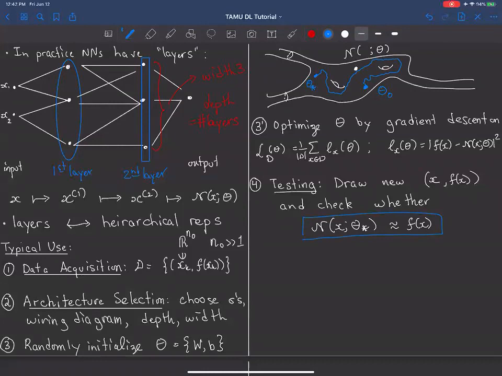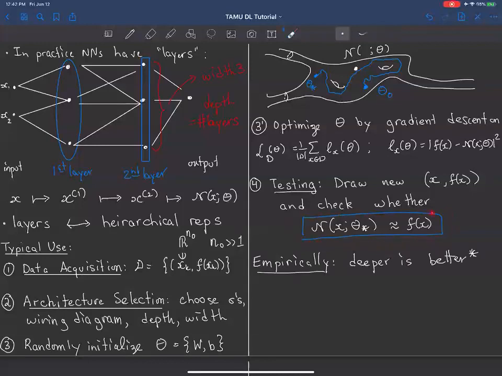Okay, so let me just conclude this section and take questions by saying that empirically, I've kind of already mentioned this, but it's so important I'll say it again: deeper is better, with an asterisk. What I mean is that when you're doing your architecture selection, when you're figuring out what kind of wiring diagram to use, having more layers seems to help with actually generalizing to data you haven't seen.